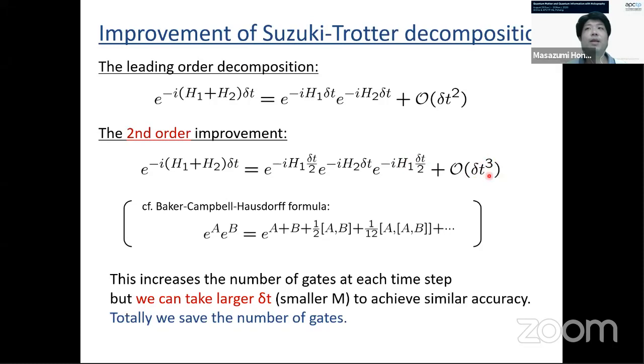Then we have order delta t square, delta t cube. This kind of improvement increases the number of gates at each time step, but we can take a larger delta t. So totally we can save the number of gates by considering this improvement.